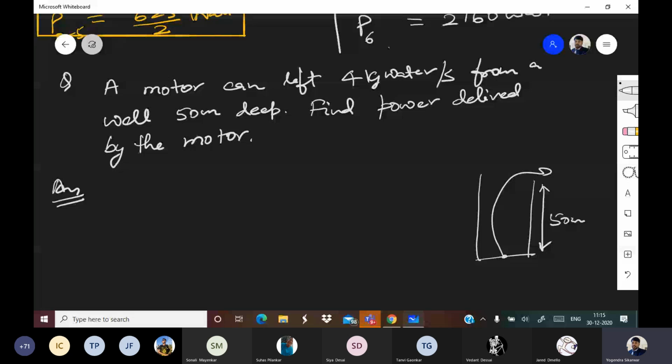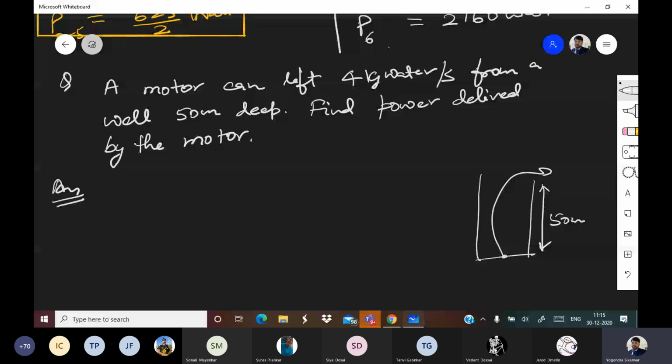So P is equal to W upon T is equal to M is 4, G is 10, H is 50 upon T is 1 second, because it is 4 kg per second. So answer comes out to be 2000 watt. Very nice. Next question.